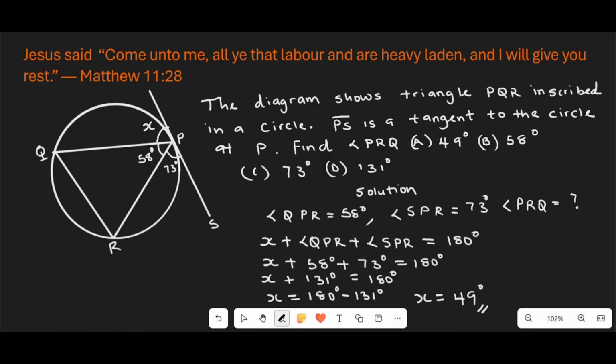So the theorem says mathematically that angle PRQ is equal to X, and our X is 49 degrees. So angle PRQ equals 49 degrees. So the correct option here is 49 degrees.